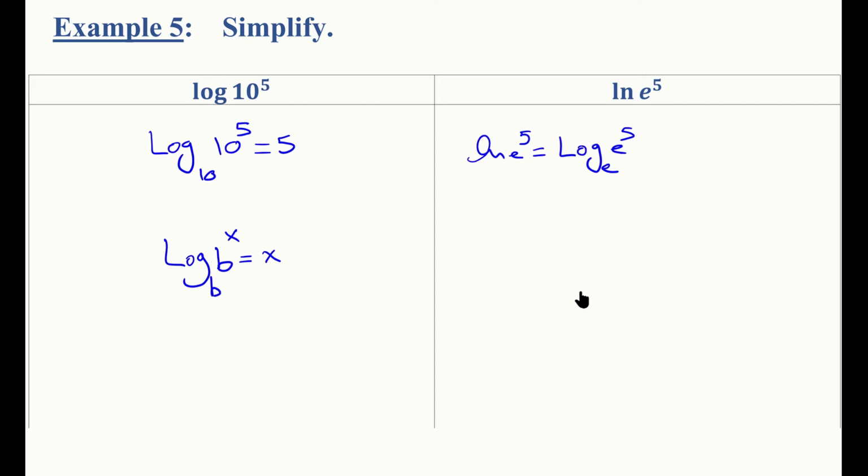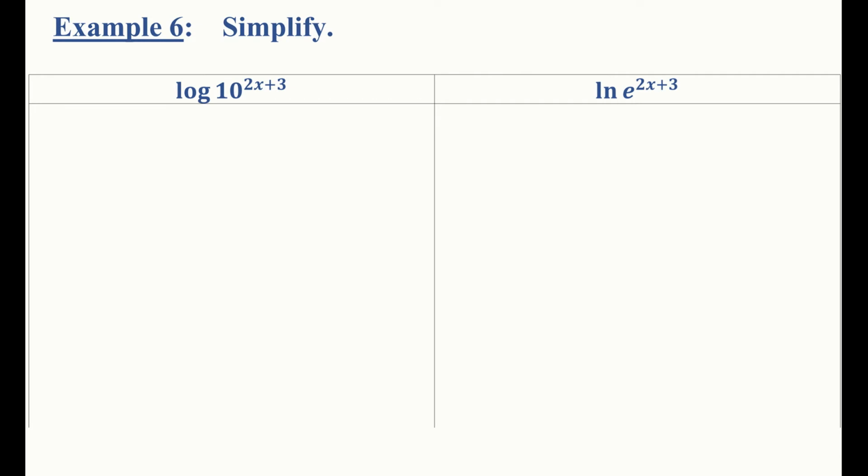So here we're just going to get 5. These are very simple but extremely important concepts that you'll be encountering quite a bit, so make sure you get really comfortable with them. Here's a couple more which will not need a calculator by any means.